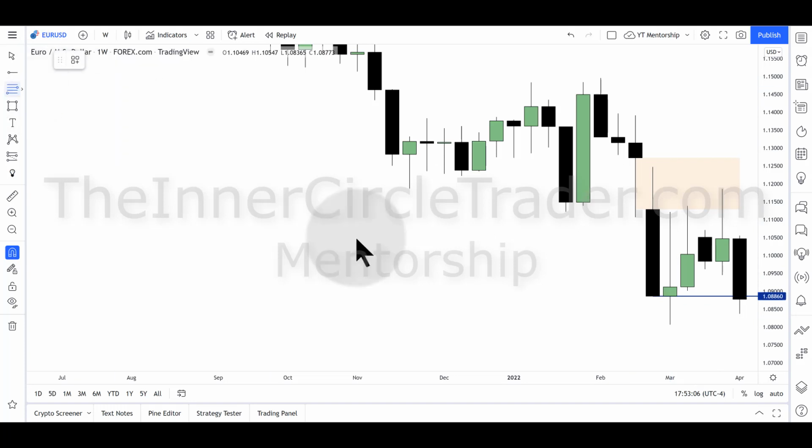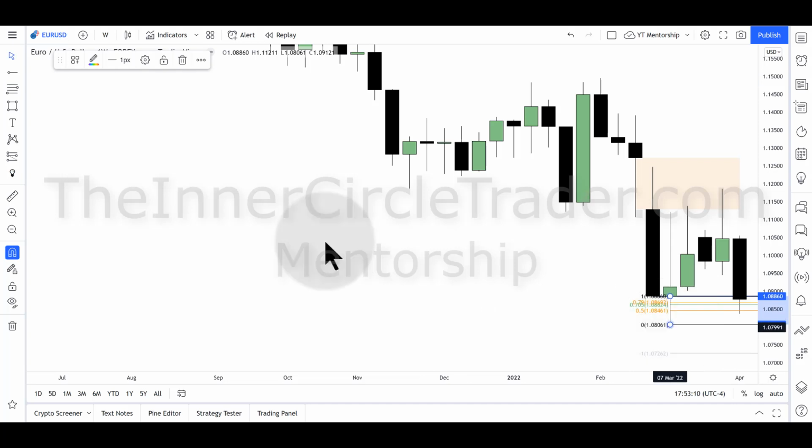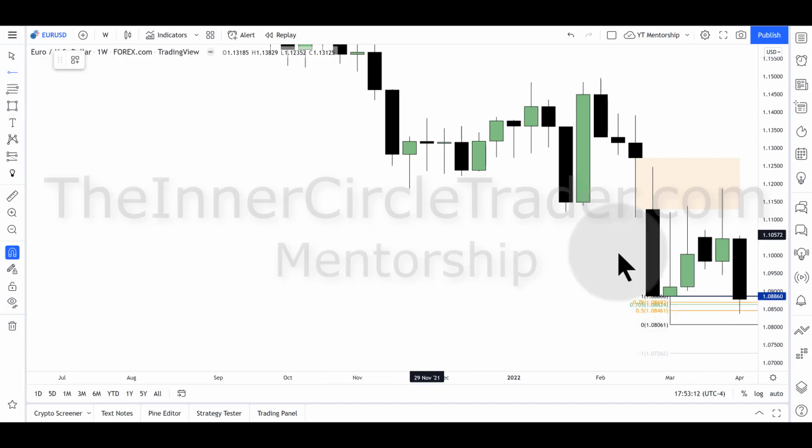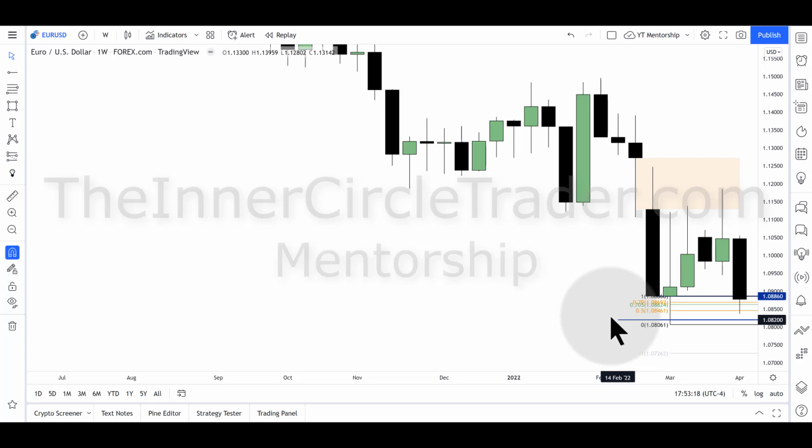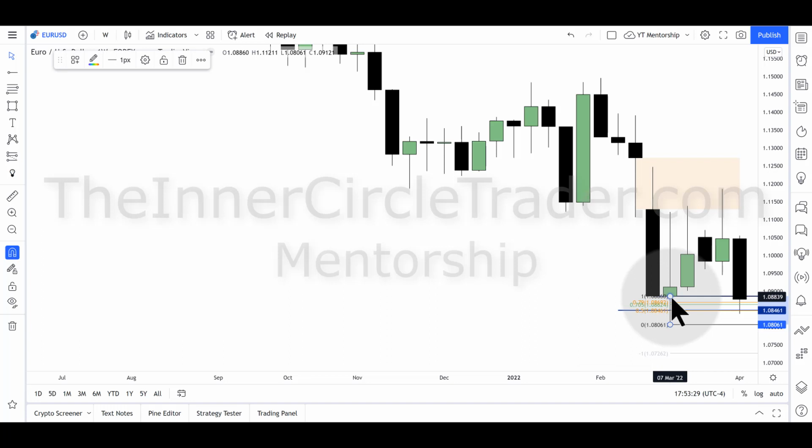And we're going to get a measurement on the consequent encroachment of that tail. What I'm doing is measuring the 50 level between the open of that candle and the low.